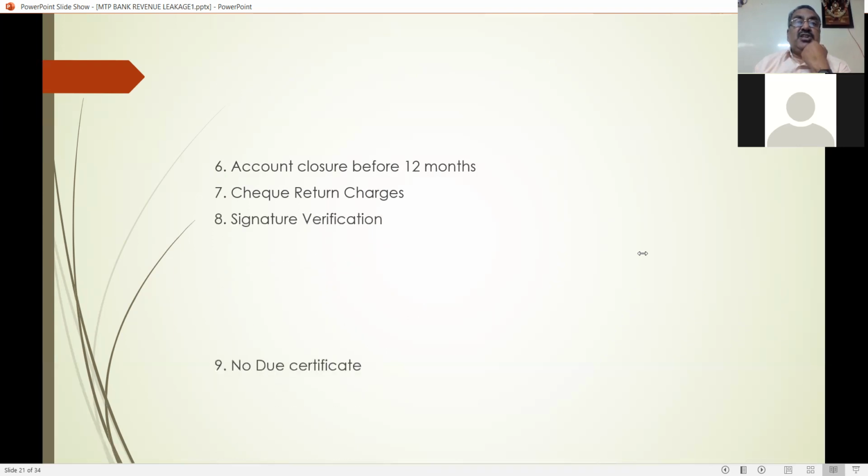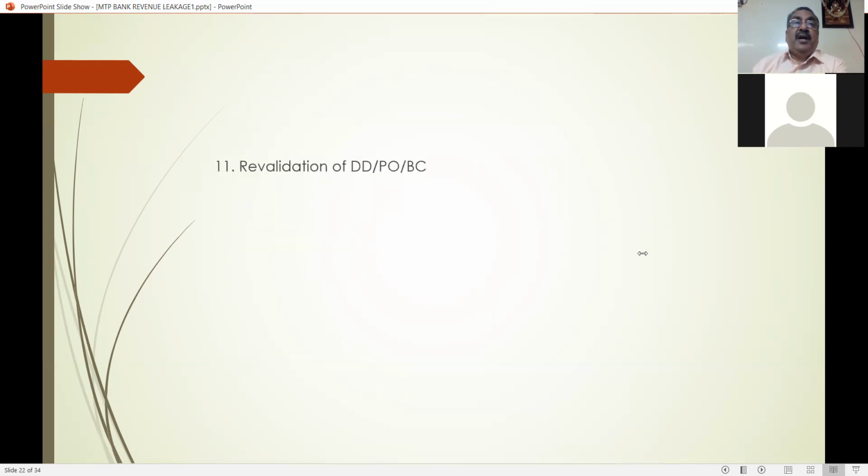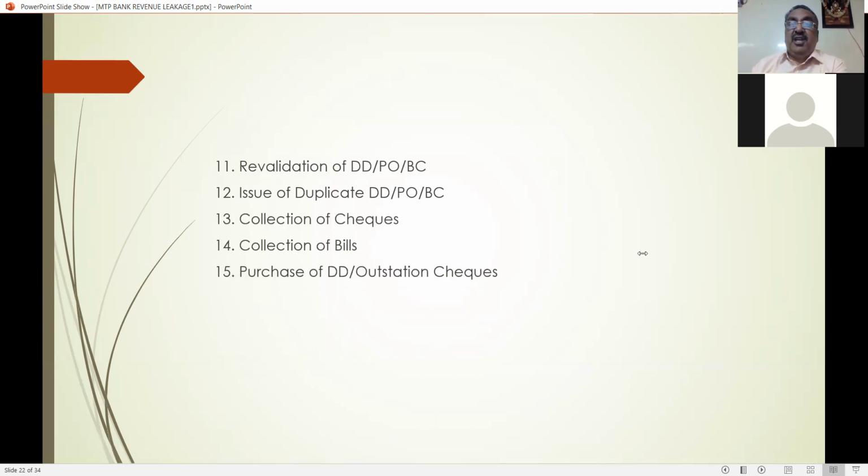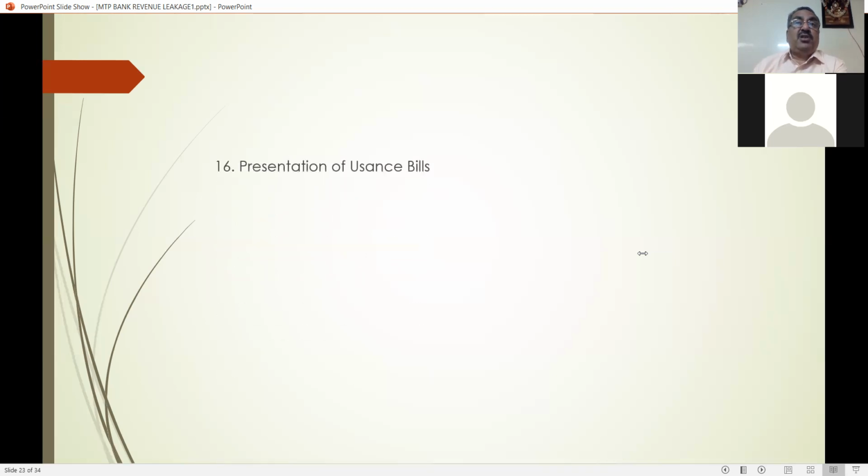Check return charges, signature verification, no due certificate, issue of DD, pay order, and banker's check, and revalidation of DD, pay order, banker's check, then duplicate issue of DD, pay order, banker's check, collection of checks, collection of bills, purchase of DD and outstation checks. For that also they are charging some income, and presentation of response bill, non-maintenance of minimum balance also, bankers are getting some income.